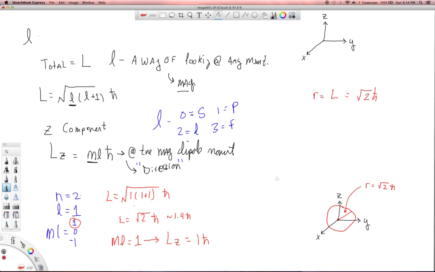So now, because this is z, here I have the magnitude coming out, and let's choose a different color here. I am going to make the z component.